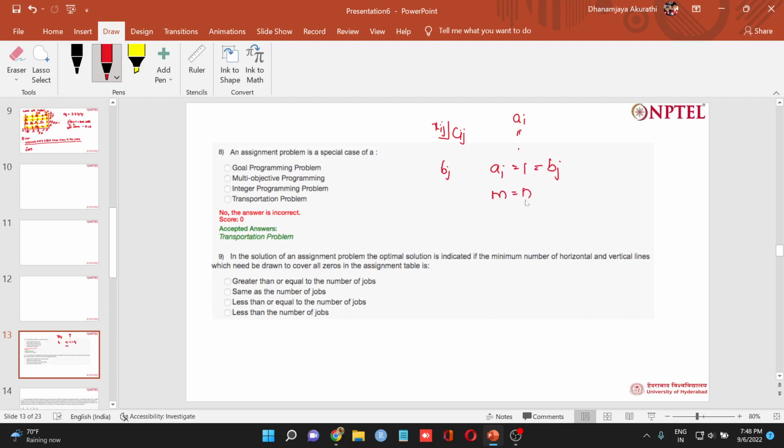With the number of rows and columns equal, you can say the transportation problem is an assignment problem. So the assignment problem is a special case of the transportation problem.